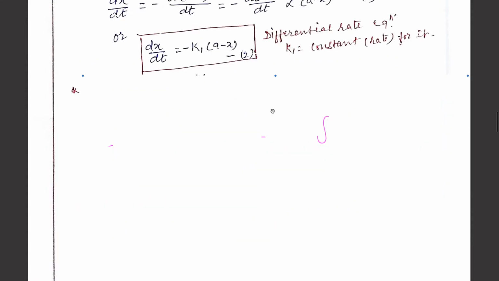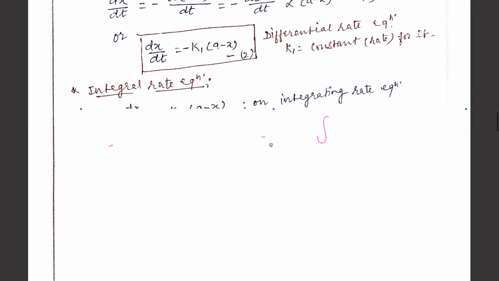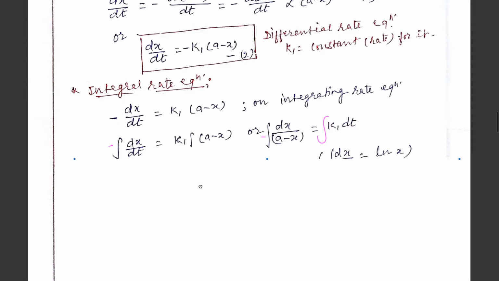Now to derive its integral rate equation, we start with its differential equation: minus dx upon dt is equal to k1 (a minus x). To integrate this equation, first we transpose a minus x from this side to this side and dt from here to here. So in this way, the new equation is this.